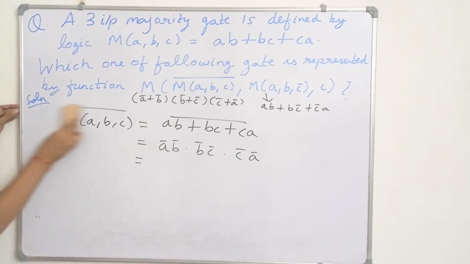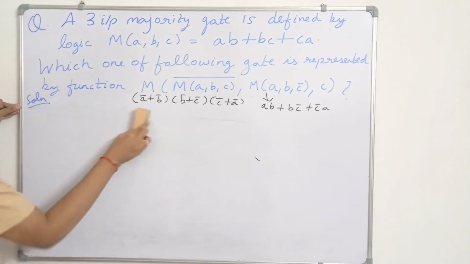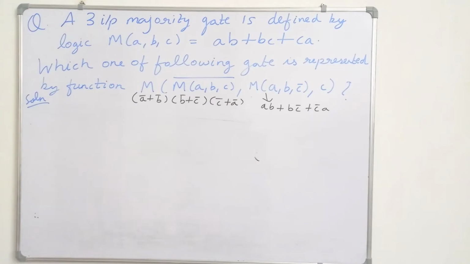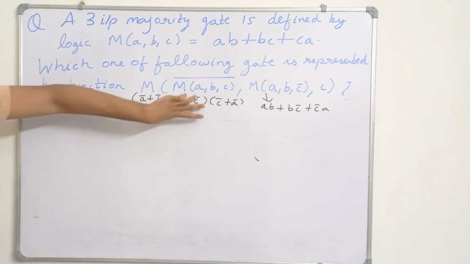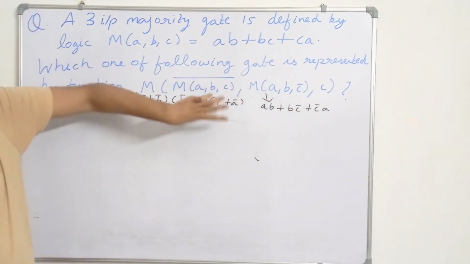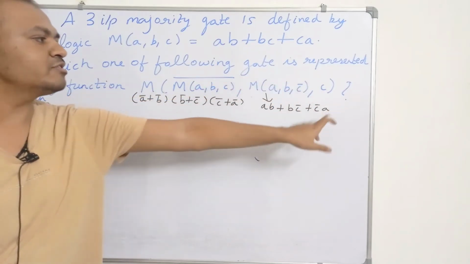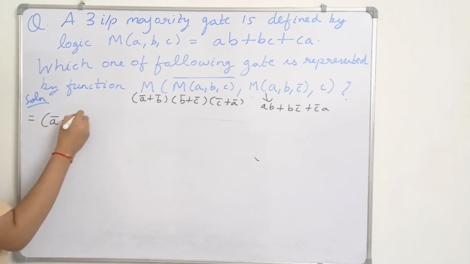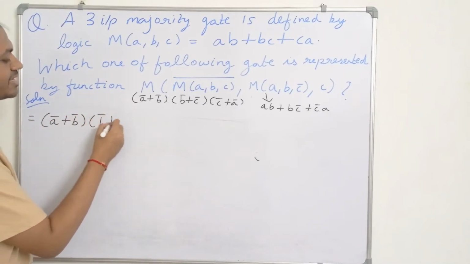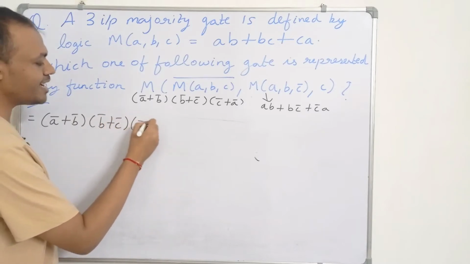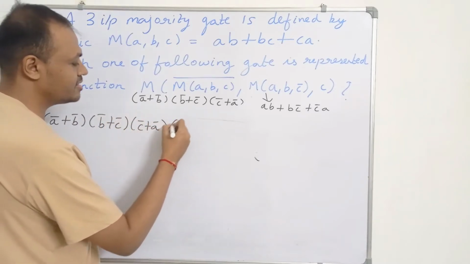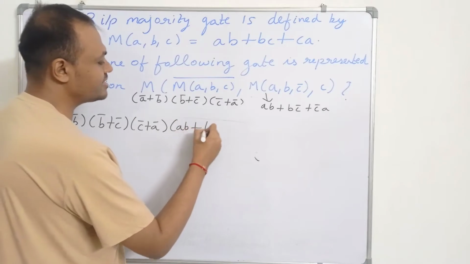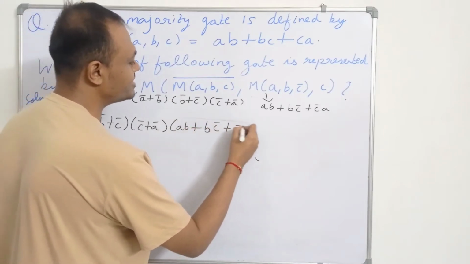Now we will write this function. This function will be equal to first AB, then A into C, then B into C. So first I am writing AB: (A bar plus B bar)(B bar plus C bar)(C bar plus A bar) into (AB plus BC bar plus C bar A).